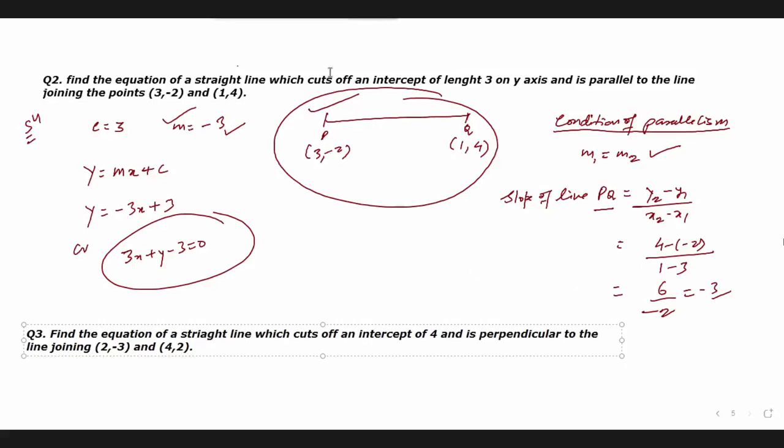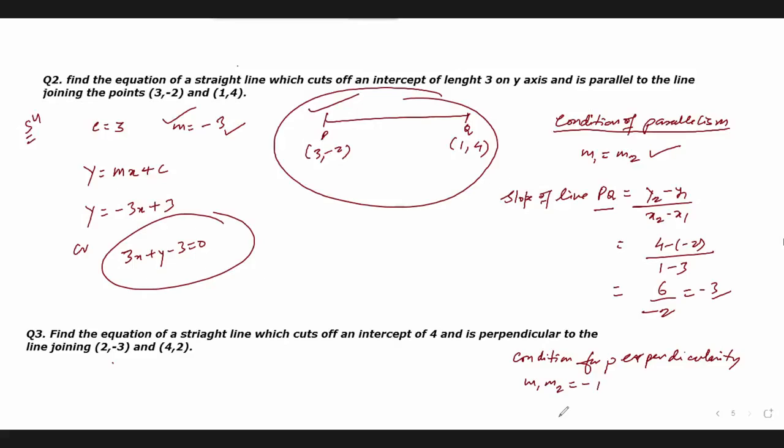So now again they have given me an intercept which the line is cutting, and it is perpendicular to the line joining (2, -3) and (4, 2). And as we know the condition for perpendicularity, and what is that condition? That the product of both the slopes should be equal to -1.